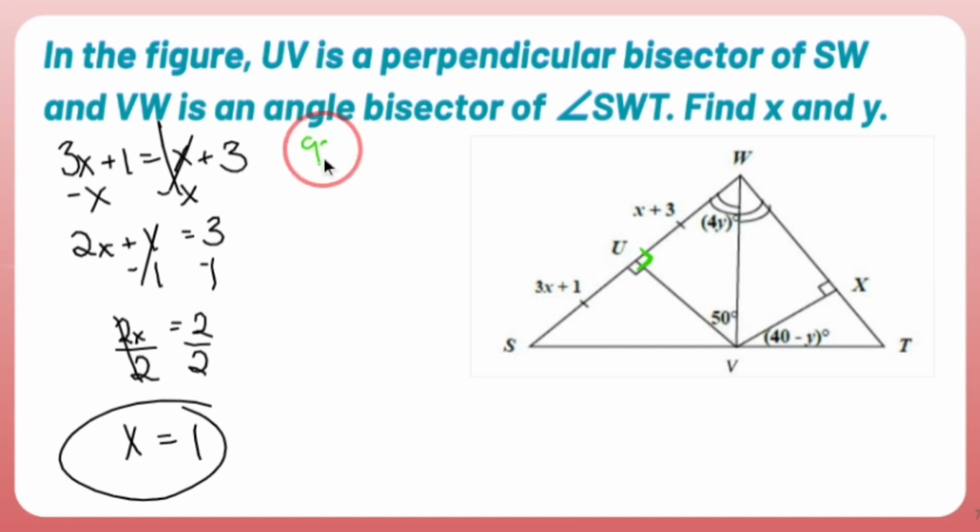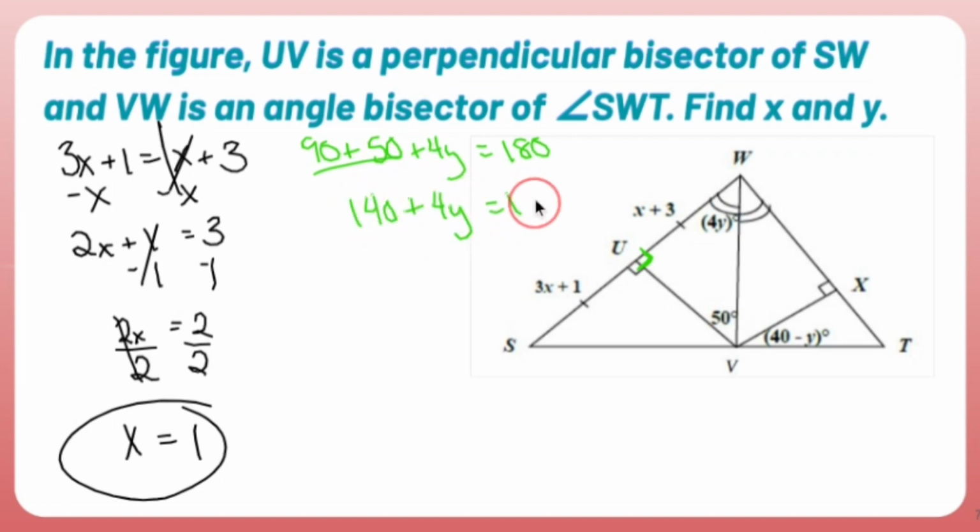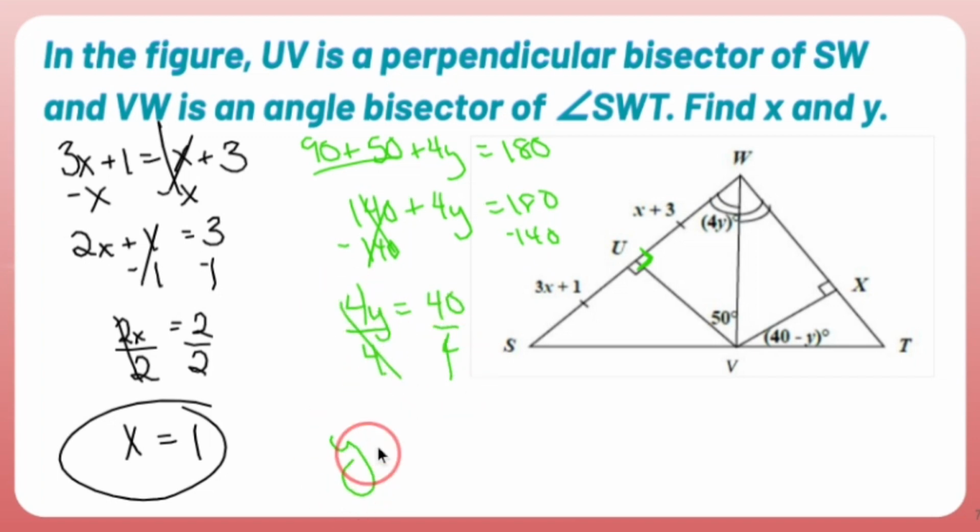So 90 plus 50 plus 4y equals 180 degrees, from the interior angle sum of a triangle. Combine like terms: 140 plus 4y equals 180. Subtract 140 from both sides. 4y equals 40. Divide both sides by 4. y equals 10.